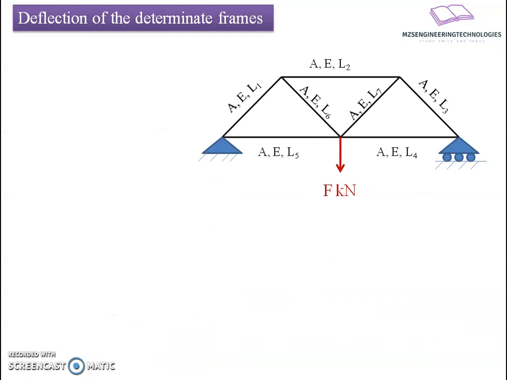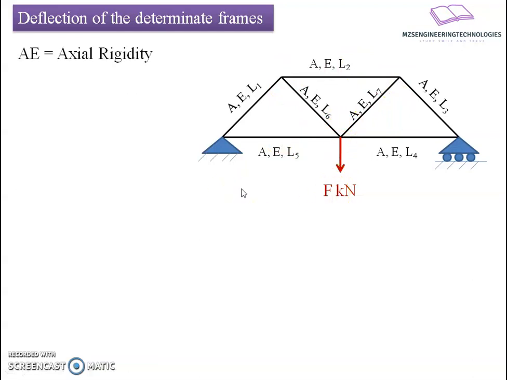Now, here I am interested in knowing the deflection caused due to the force F, and we know that the force is distributed along the members. When the force F tries to deflect the truss, all the members will have a certain contribution towards the deflection.